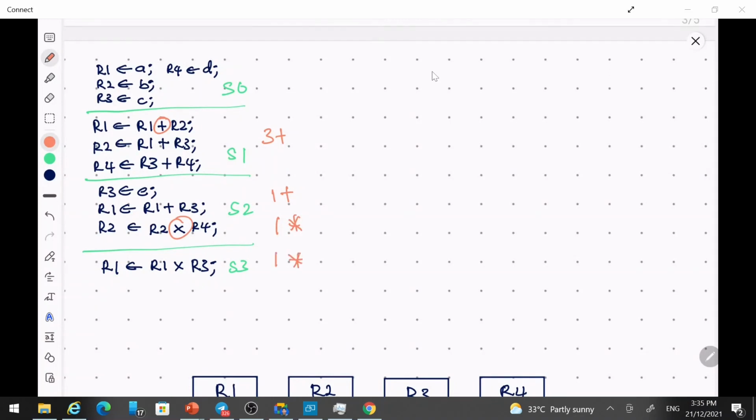All right. So you can see that the maximum number of adders should be 3, and the maximum number of multipliers should be equal to 1. Look at the maximum one. So you need at least 3 adders in order to perform this operation.